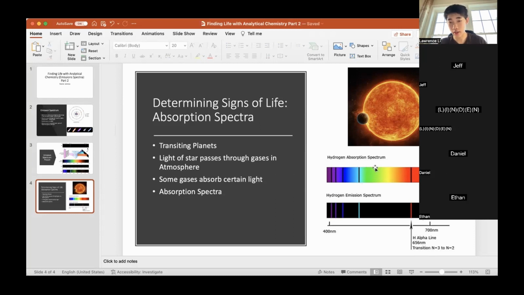When we look at this absorption spectrum, we can realize that hydrogen is present in the atmosphere of this planet, which may be good, may be bad. But what we're really looking for is oxygen. And when a gas absorbs these wavelengths of light, we can tell because the absorption spectrum that reaches us is missing the bands of light that are absorbed in the emission spectrum. Okay, any questions, anybody?